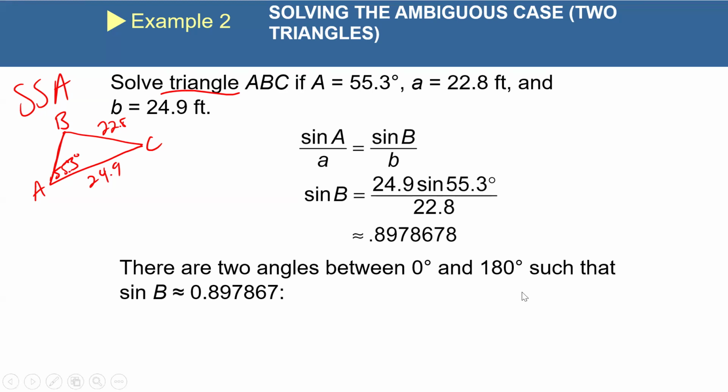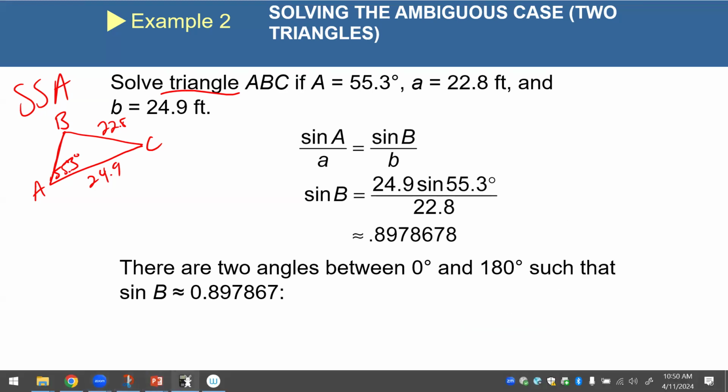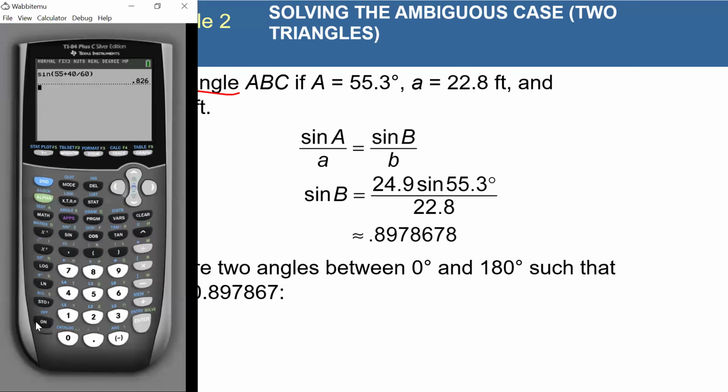In your calculator, you're going to do the inverse sine of 0.89786 to find the actual degree value.